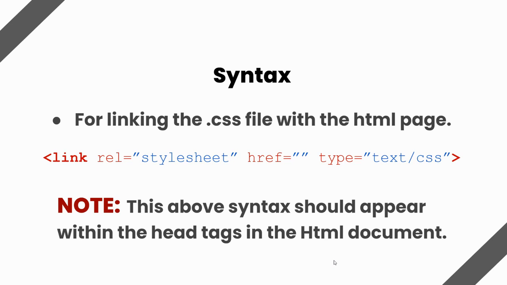The .css here is the extension name. Just the same way you have your HTML file named whatever you assigned to it, then it ends with .html to show it's an HTML file. The CSS file would also have the name you declare, and then the .css to show that it's a CSS file.